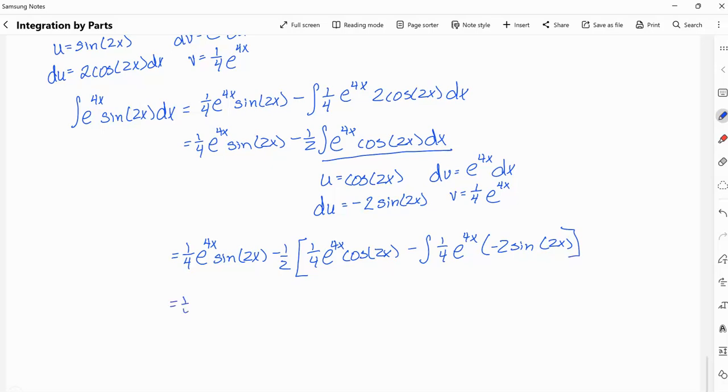Let's clean this up. So I've copied everything again. 1/4 times a negative 2 is a negative 1/2. And if I pull negative 1/2, negative negative makes that positive 1/2.